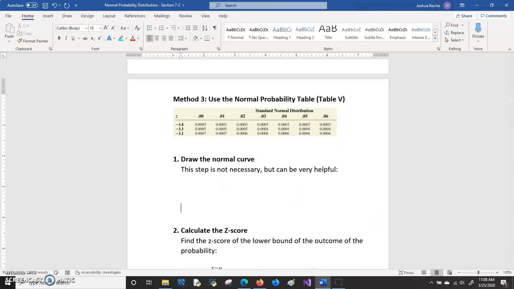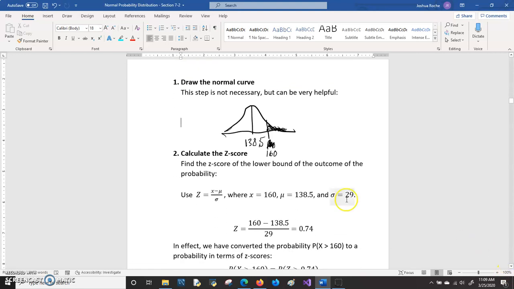It helps to draw the curve. The first thing is to find the z-score.